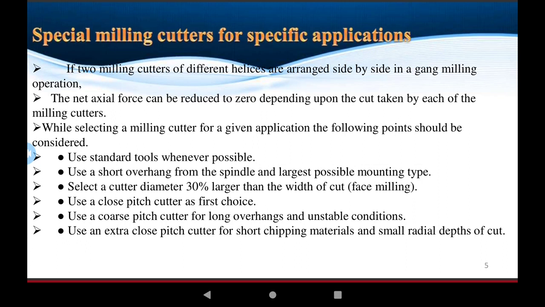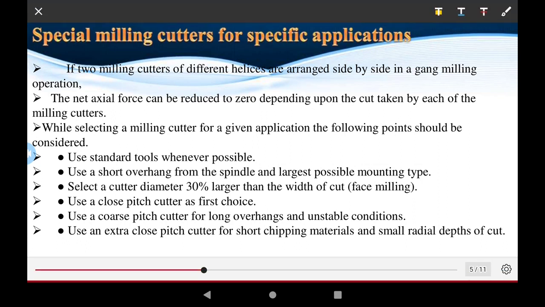Okay, some of the special work performed in the operations while selecting the milling cutters. The milling cutter also depends on the class of cutter and the given application. First, use standard tools whenever possible. The tools performing very critical operations should use standard tools.